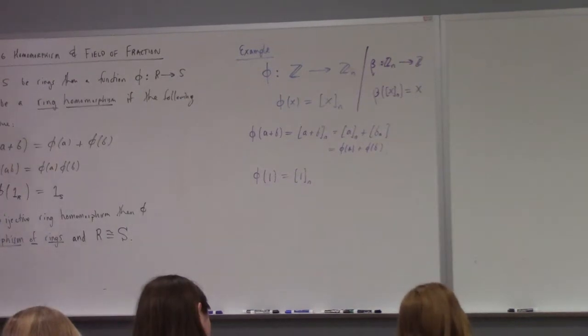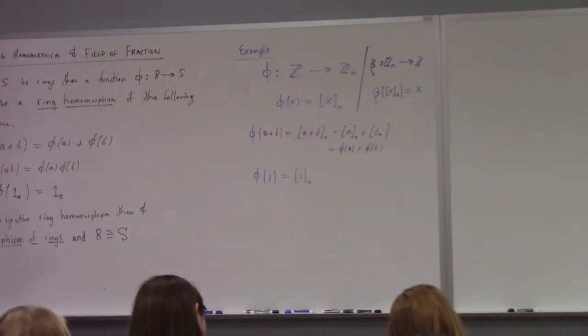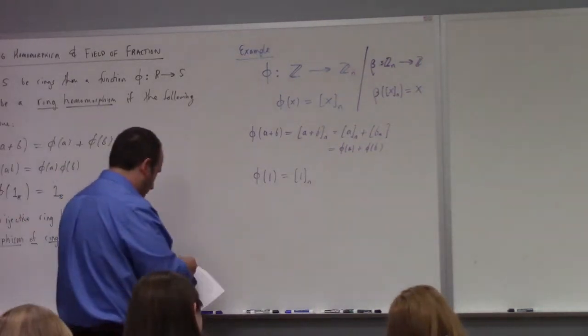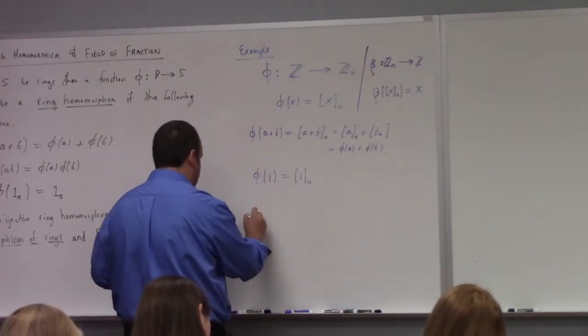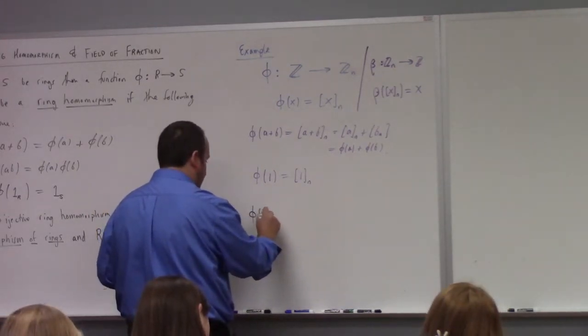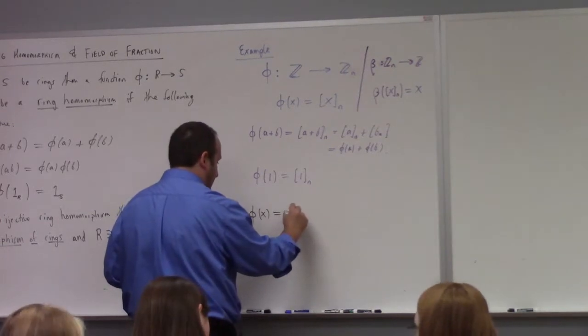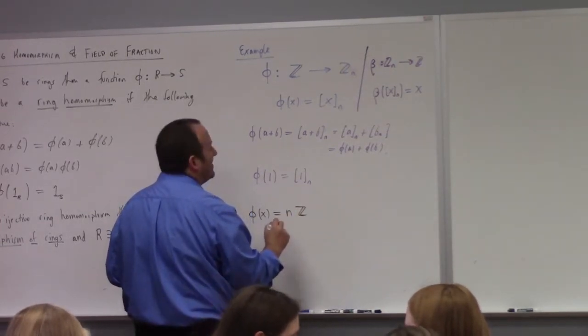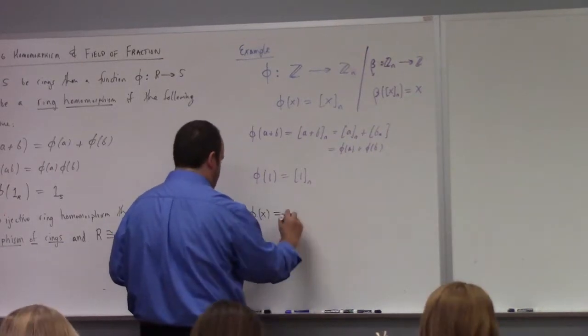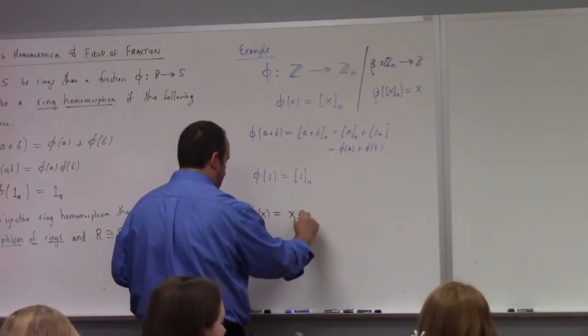And it's also multiplicative. So there you go. This is the so-called natural homomorphism, right? It's also known as the coset map. Why is that? Because if you look at phi here, phi of x is really just equal to nZ, isn't it? Rather, I did that wrong. What is it? It's x plus nZ, isn't it?